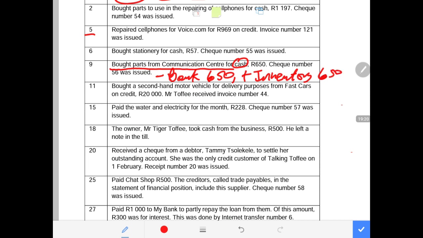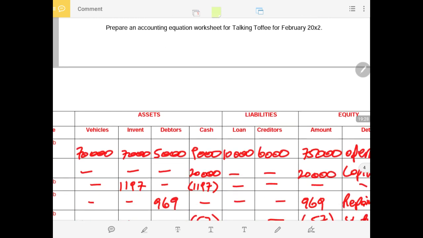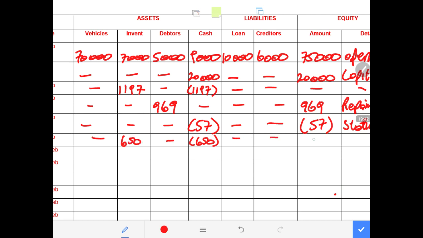When we increase our inventory, that will be a plus, because we have more stock available because of the parts that we bought from the communication center. Bought for cash, bank will decrease by 650 rands, and our inventory will increase by 650 rands, and all other columns will not be affected.